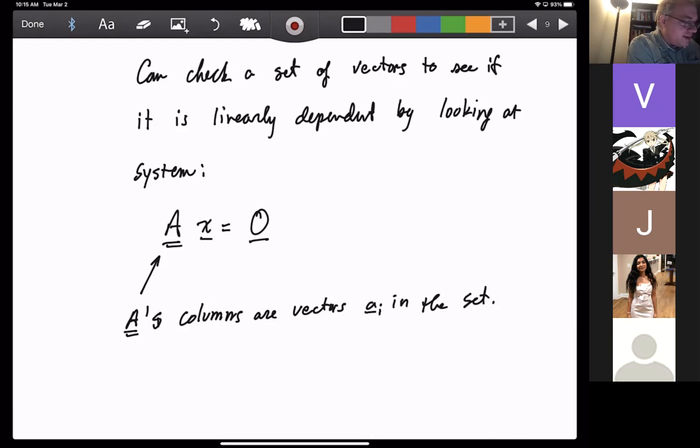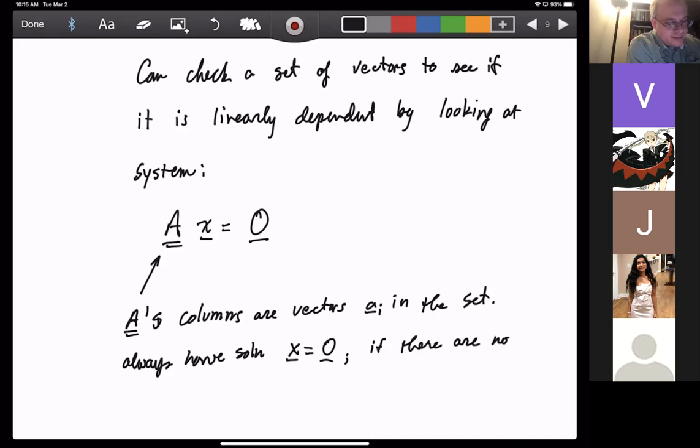So we know that the system always has the solution where our vector x is the 0 vector. If there are non-trivial solutions, then the set is linearly dependent.